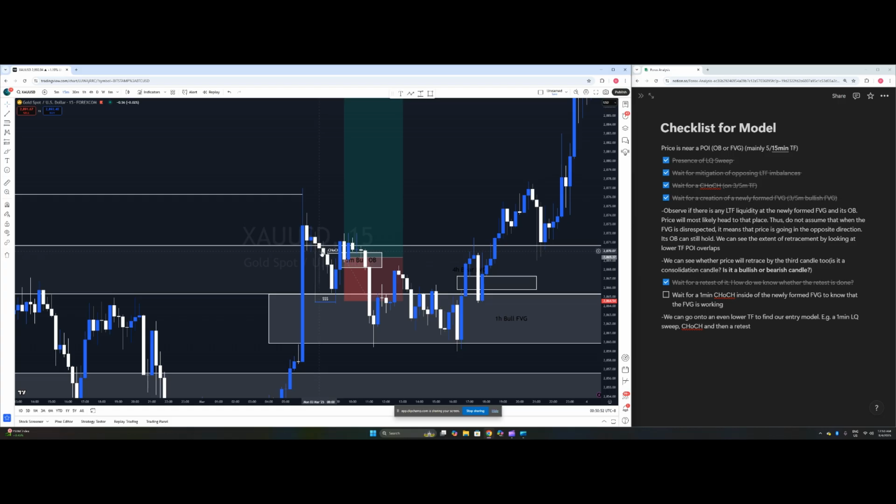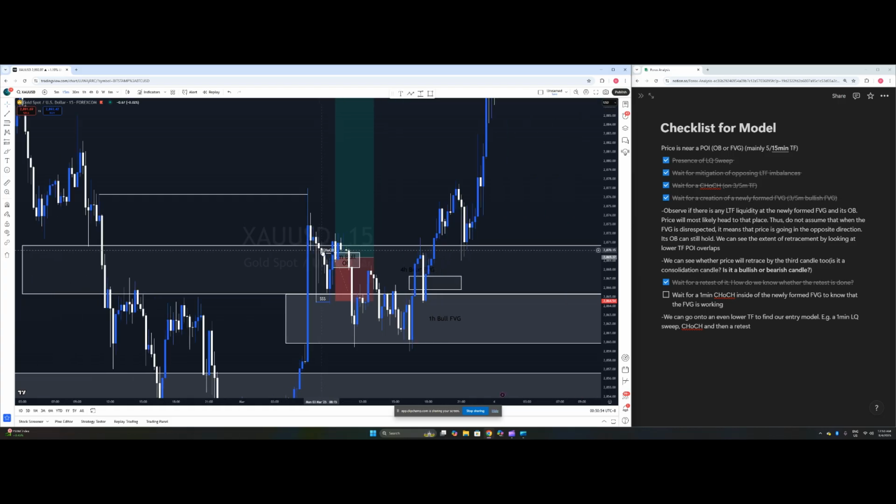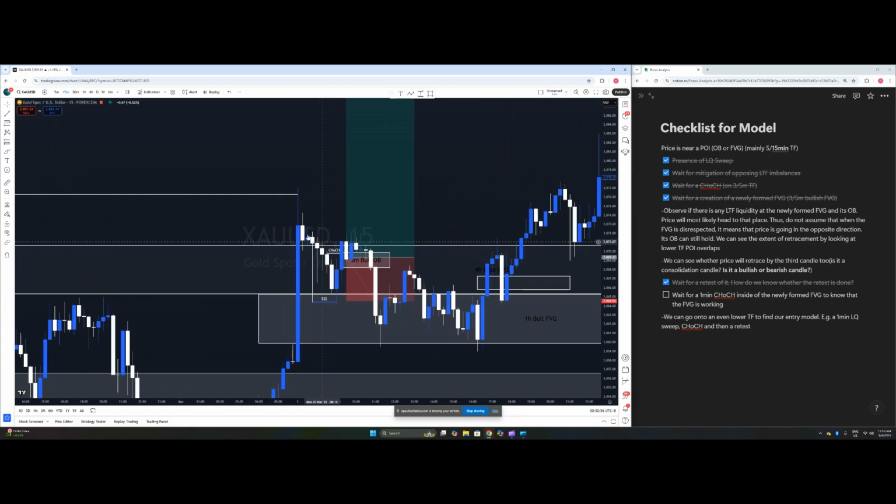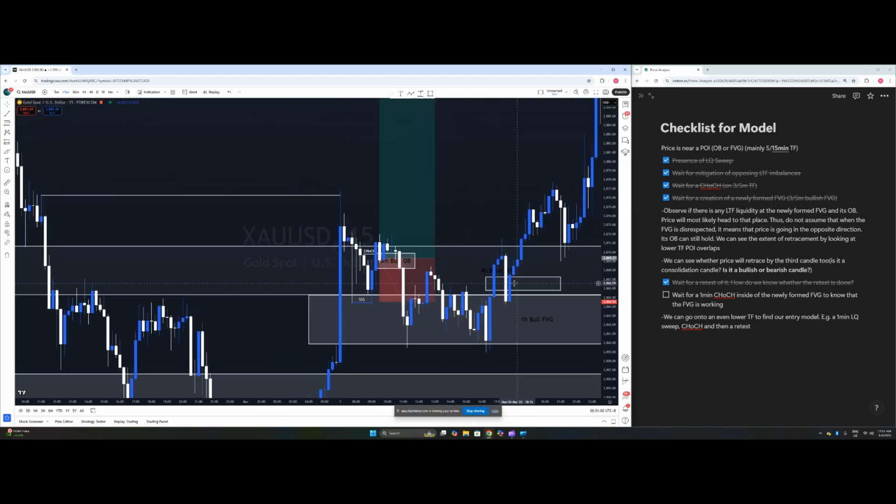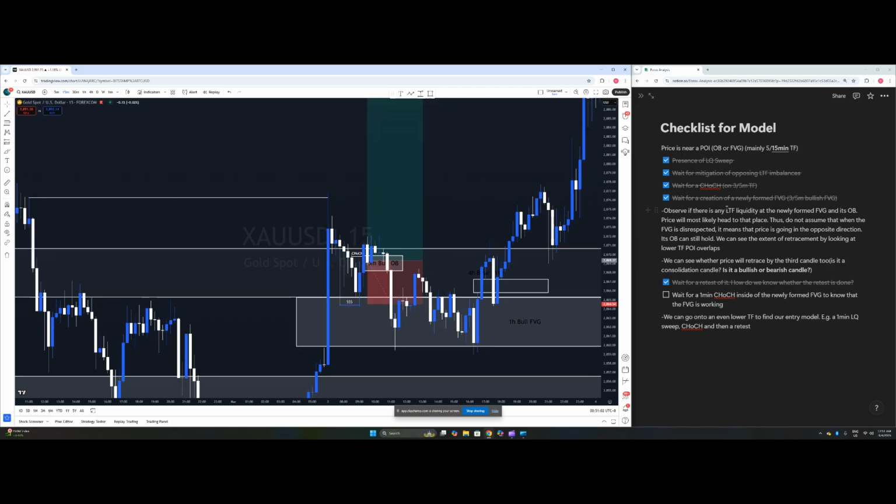So I guess we should have looked to the 15 minutes to give us a proper change of character, right? Because we are in the forward bearish fair value gap. So I think we do have to be more flexible with our trading plan.